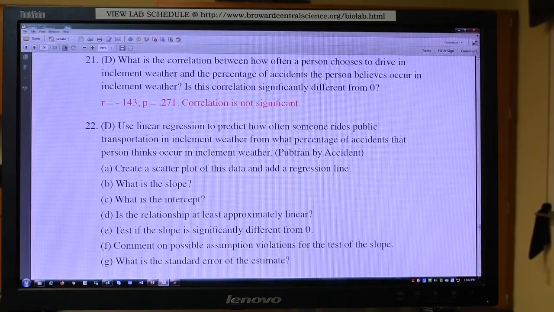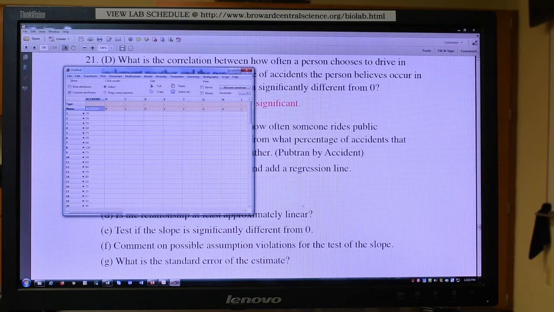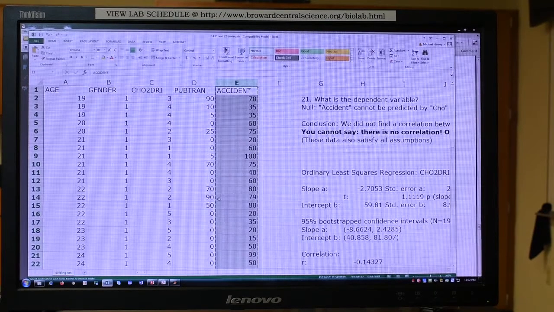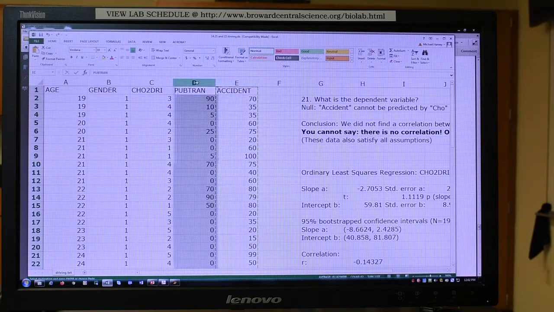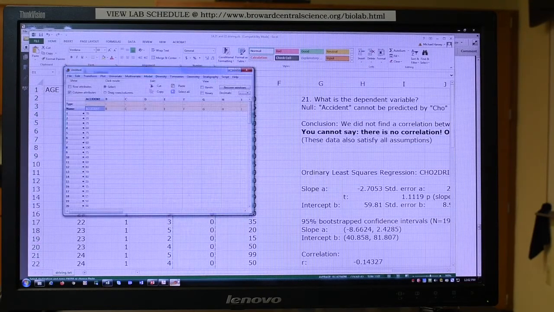Let's see. Use linear regression if someone rides public transportation from the percent. Yeah, so accident should be the independent variable. Okay, now public transportation is the dependent variable. Again, remember, you have to put it in the correct way, otherwise you're going to get the wrong results.